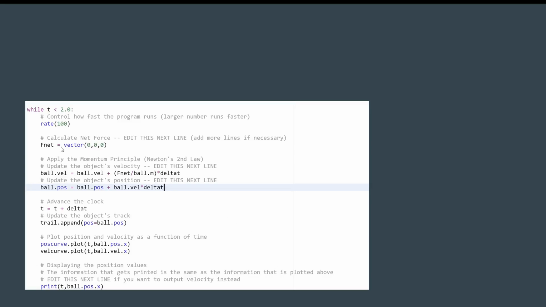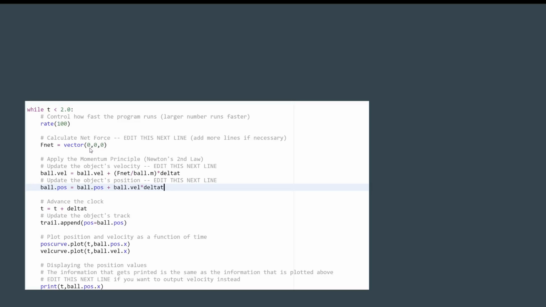This is another piece of code. You can see here that the net force vector is all zero, to ensure that the velocity is constant and there's no acceleration. This is the velocity update formula written out: the velocity of the ball is equal to the initial velocity of the ball plus the net force divided by the ball's mass times the change in time.